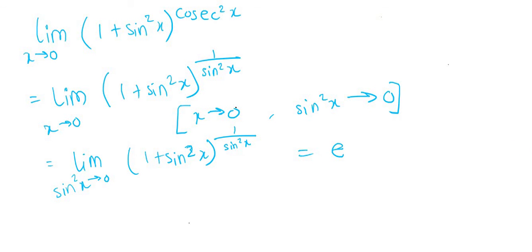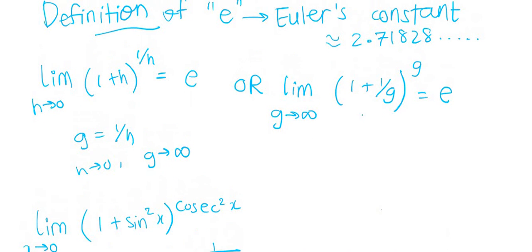I did this because looking at the original identity, we had a single variable going to 0, and we were raising it by the reciprocal of the variable. We were getting e. But we had a sine squared term over here in this example, and we need to show this for sine squared. I mean, it's a healthy practice.